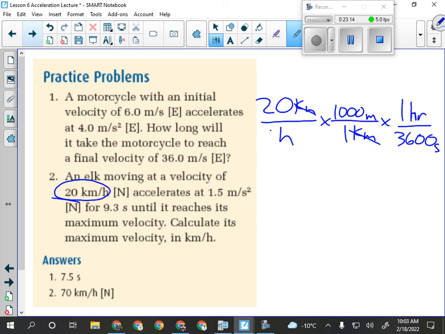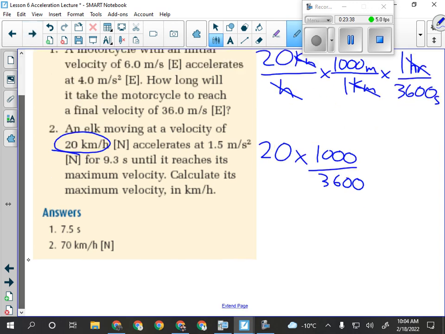Now there's hours on the bottom, hours on the top, and what I end up with is I take whatever's in kilometers per hour and multiply it by 1,000 divided by 3,600. Now, I'm going to simplify that even more. Can I reduce this down? Okay. I can reduce it so it looks like this.